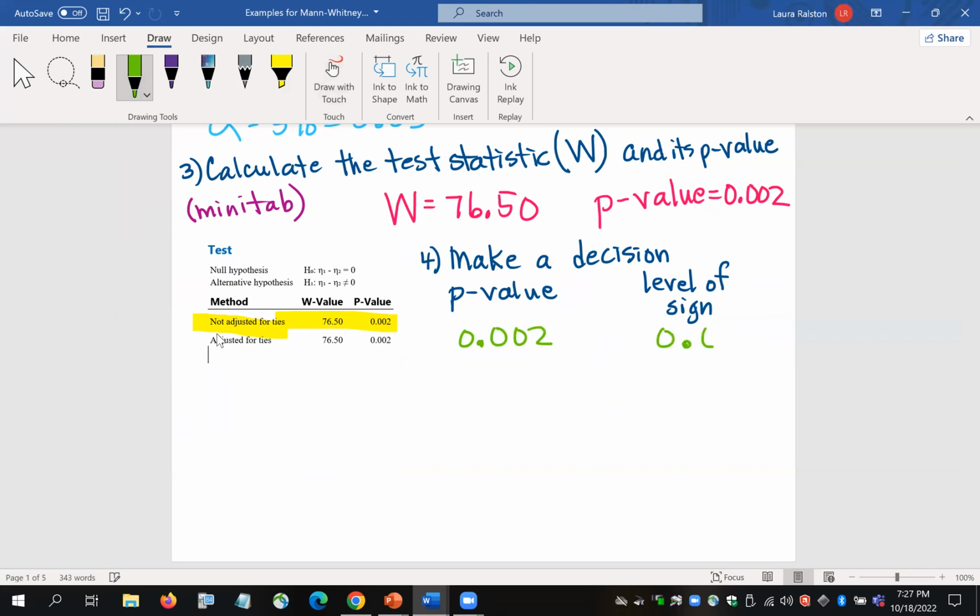My level of significance comes from the problem, which was 0.05. We compare the two. First digit after the decimal, they're both 0. Second digit, I have 0 for the p-value, 5 for the level of significance. 0 is less than 5, so p is less than or equal to alpha. When p is less than or equal to the level of significance, we do reject the null hypothesis.